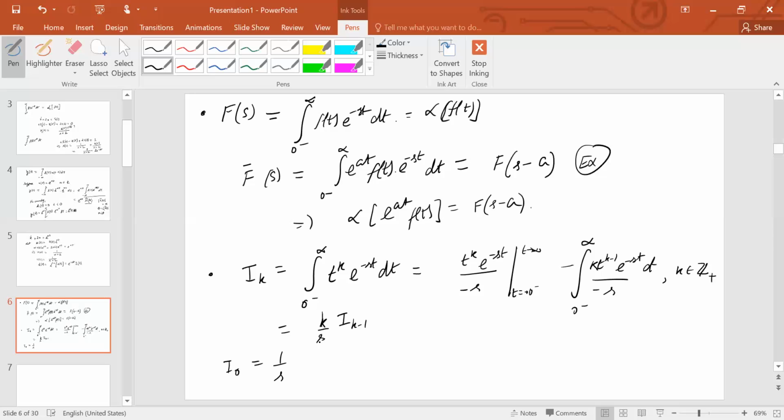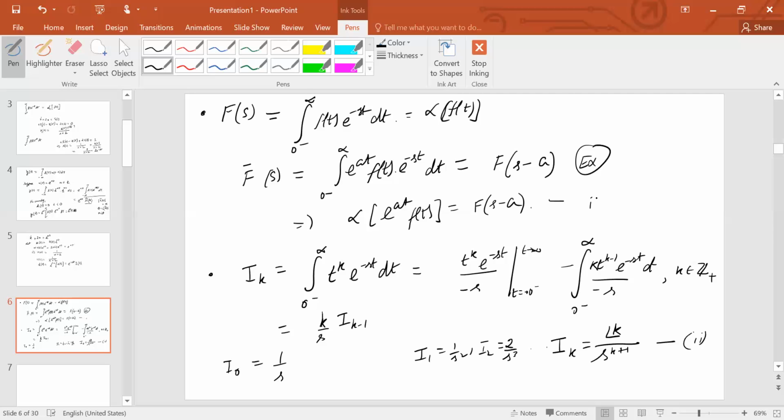So using this relationship, you can get that I_1 is equal to 1 by s square, I_2 is equal to 2 by s cube, and so on. So in general, we'll be able to infer that I_k is equal to factorial k over s to the power k plus 1.